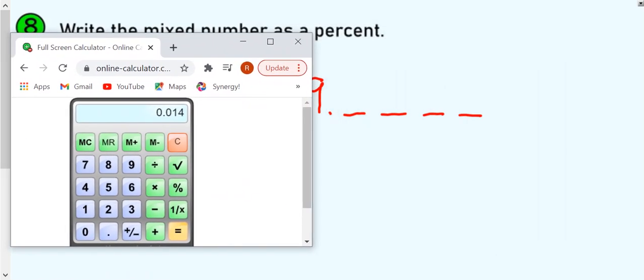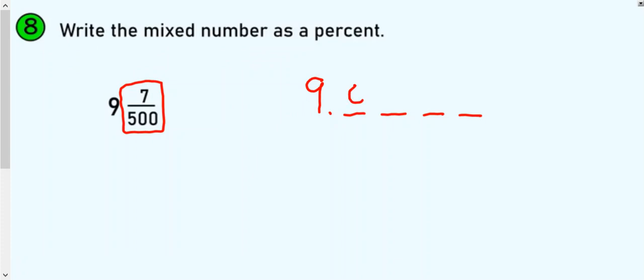So in our answer, we would just transfer the decimal 0.014. So 9 and 7/500ths, keep that 9 in the ones place, and then divide the numerator by the denominator, and you get a decimal.